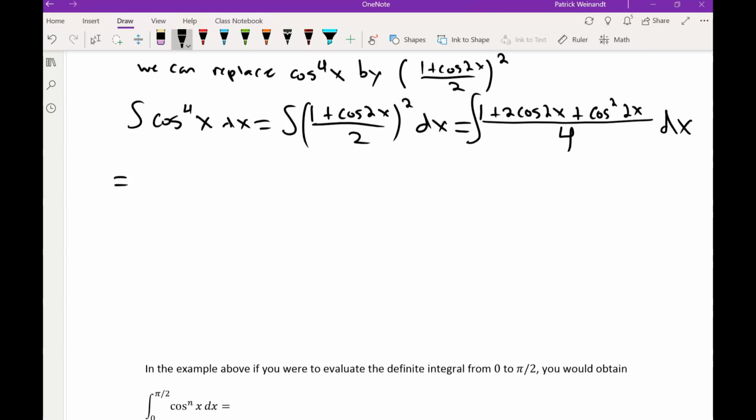This is the same as doing the integral of 1/4 plus 2 cosine of 2x over 4. Well, that's just going to reduce, 2 divided by 4. That's the same as cosine of 2x over 2 plus cosine squared of 2x over 4 dx.